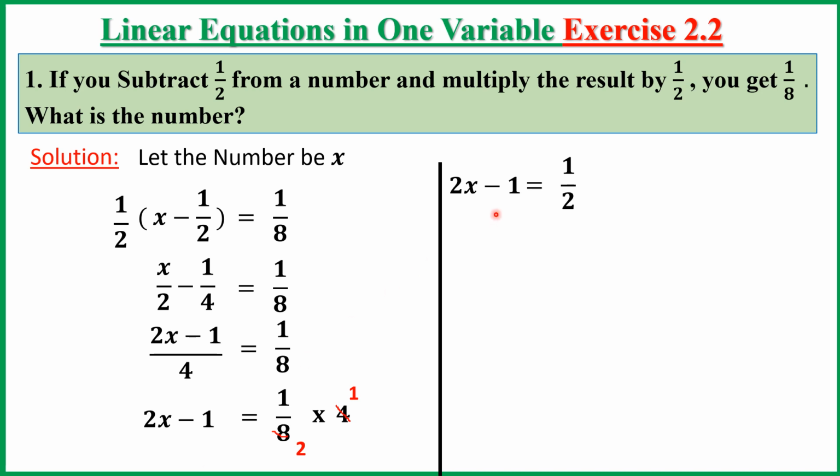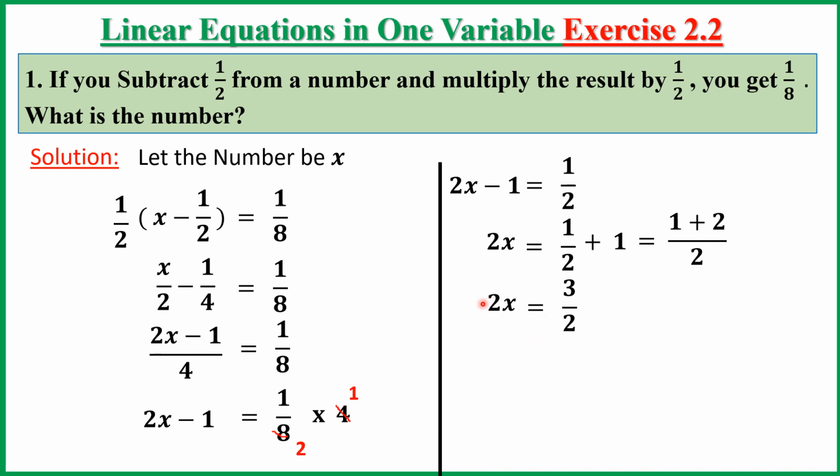Next step, this minus 1 we transpose to the right hand side. So 2x equals 1 by 2 plus 1. Here again the LCM will be 2. So this becomes (1 plus 2) divided by 2, which is 2x equals 3 by 2.